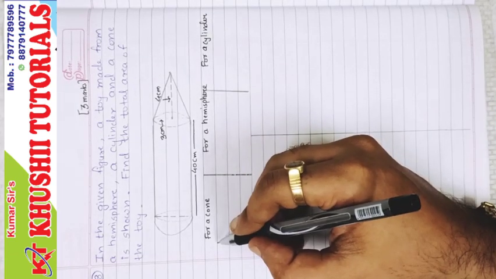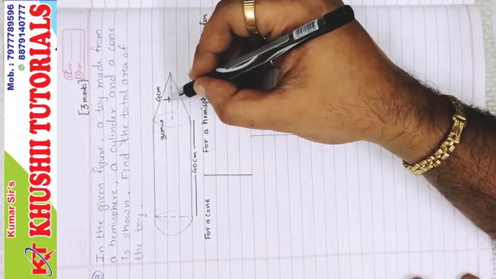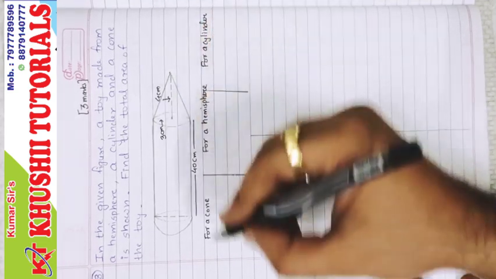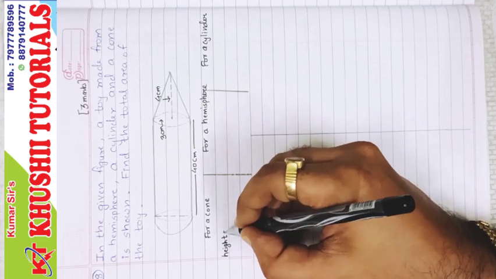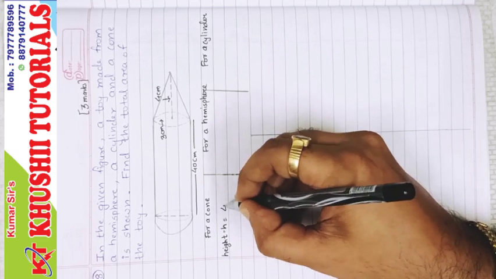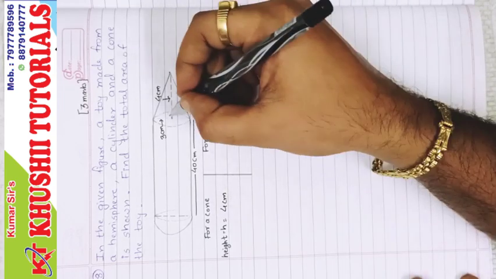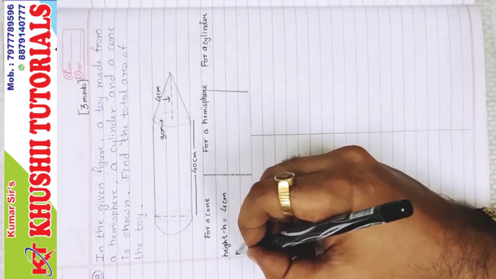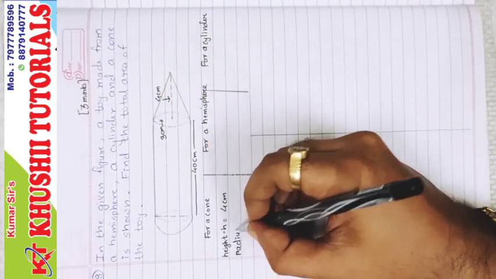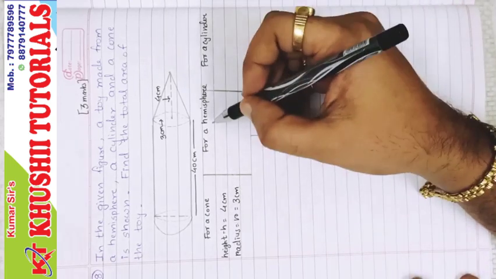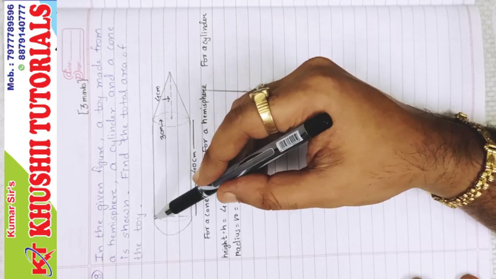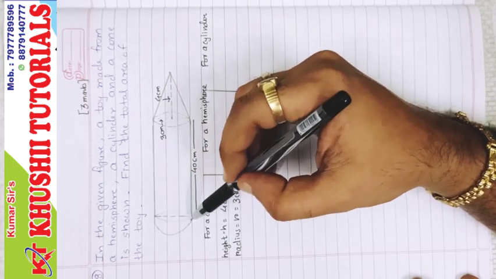First for cone, we have this part is 4, means this is height. So straight height or perpendicular height, h equal to 4 centimeter. Radius is given, r equal to 3 centimeter.